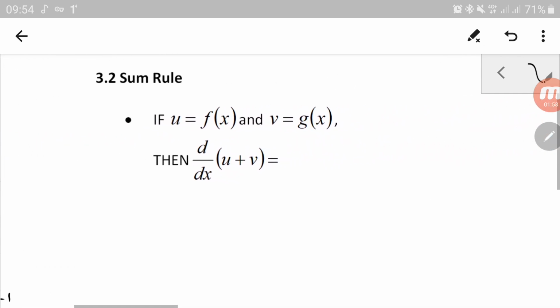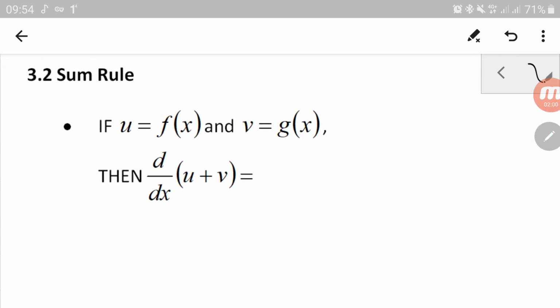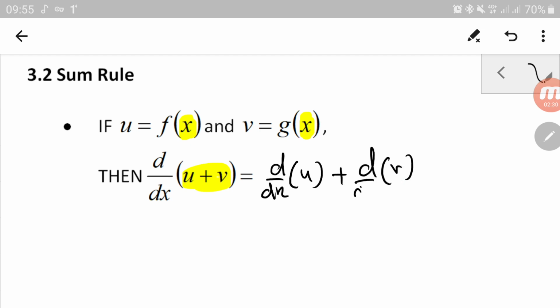So let's move on to the second one, sum rule. Okay, if we have u, which is a function f in terms of x, and v as a function g in terms of x, then the differentiation of u plus v, it means the sum of the two functions in terms of x, is the same as we differentiate u first and v first individually, then we add them.